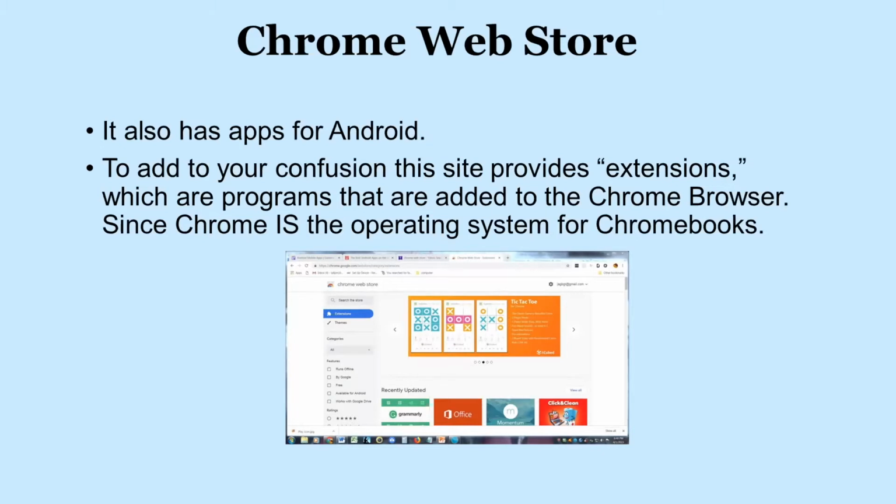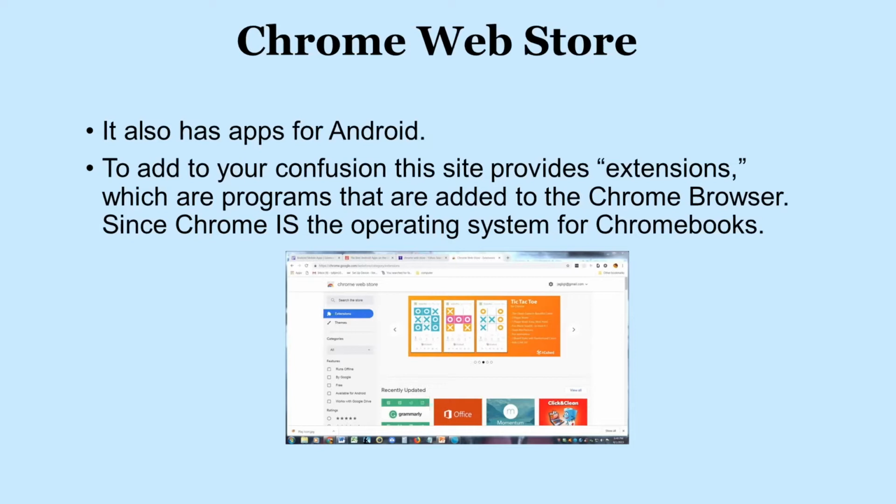Now, to add to your confusion, as you can see, they provide extensions, which are programs that are added to the Chrome browser. Chrome is the operating system for Chromebooks, whereas Android is the operating system for the Android smartphones and tablets, and Windows 10 is an operating system for the PC.